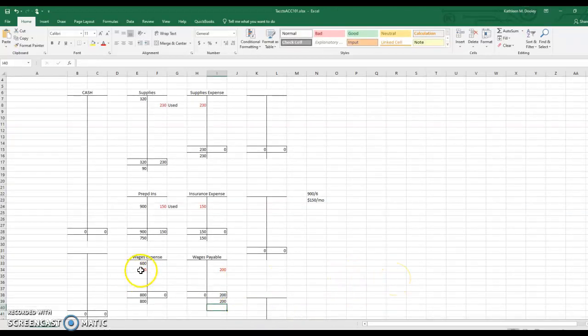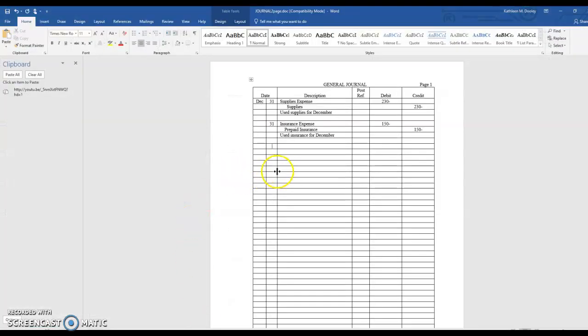Now, what's in red is what we're doing for our journal entry. We're going to debit wages expense, credit wages payable. Debits come first.